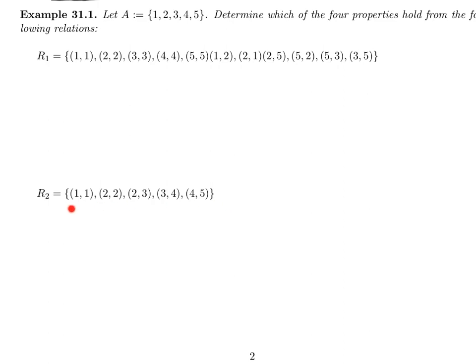Might as well do it for the second one as well. And then looking at the definitions above, determine if the relations are reflexive, symmetric, anti-symmetric, or transitive. They could be any or all of those. So pause the video now, give that a go.